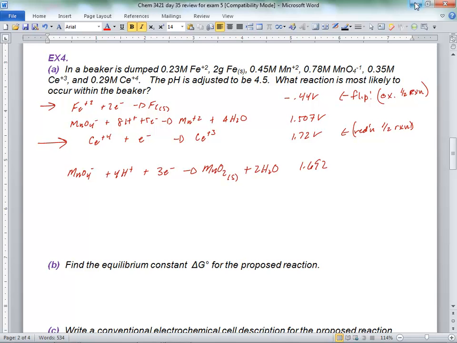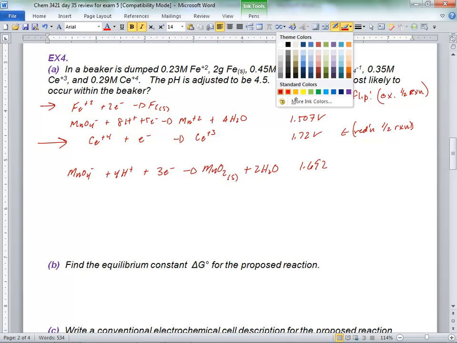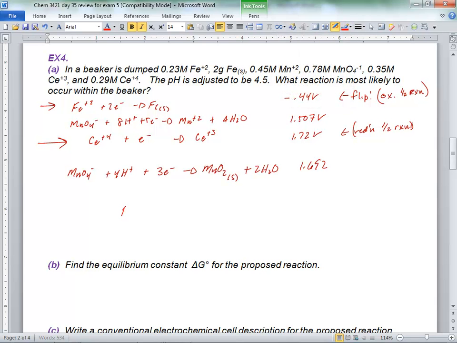This is the predominant reaction. It's the most spontaneous, so that's really what we're driving at. You're only going to use an oxidation.